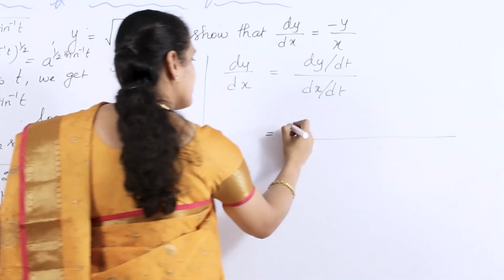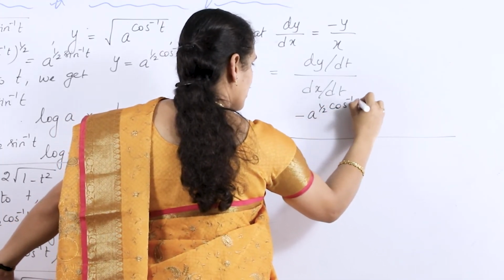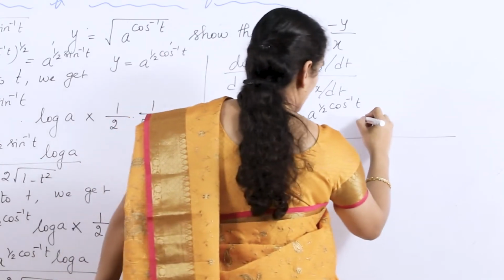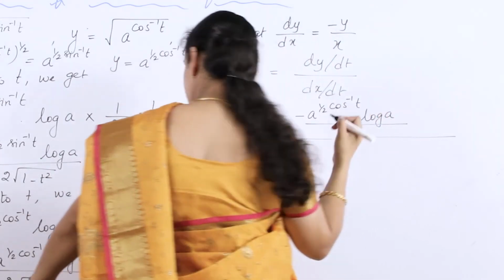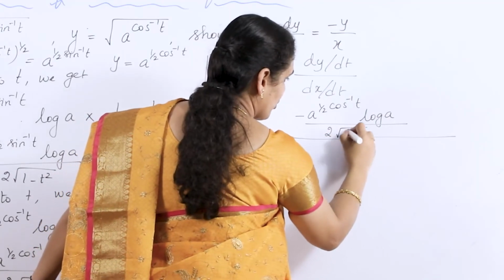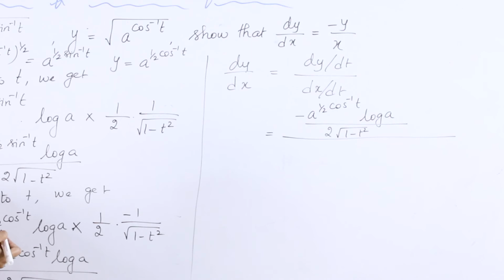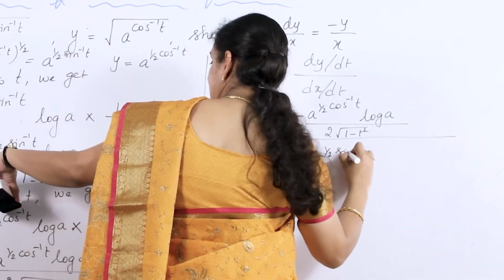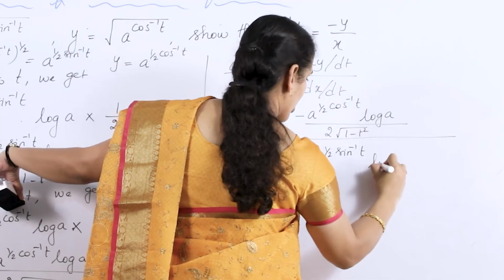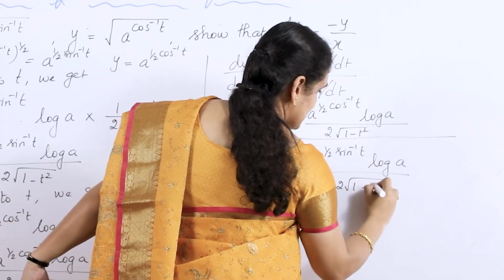Minus a to the power half cos inverse of t into log a, right, whole divided by 2 times root over 1 minus t square. Okay, this is dy by dt, and dx by dt is a to the power half sine inverse of t log a divided by 2 root over 1 minus t square.